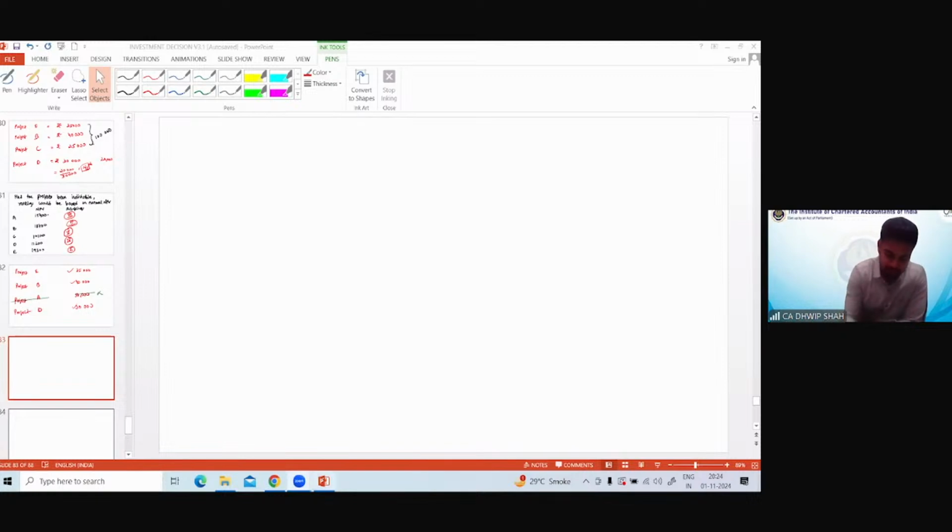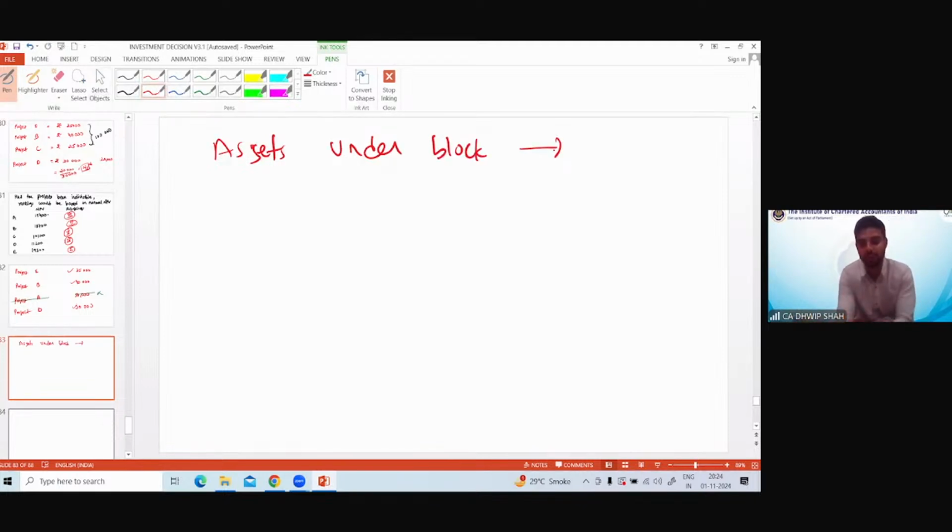Explain block of assets. That is a taxation part. Block of asset you have learned in direct taxation. Block of assets means all the assets that fall under the same rate of depreciation.